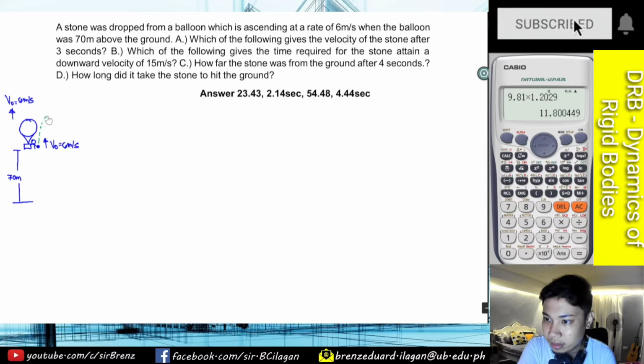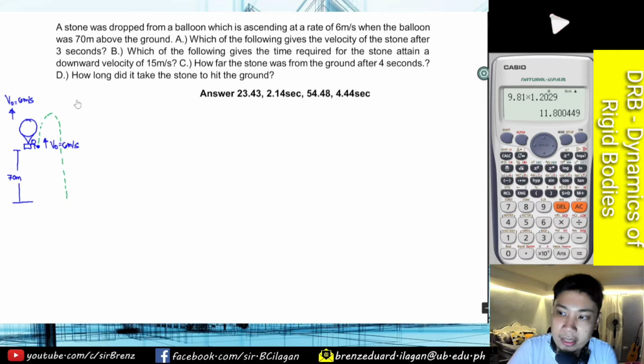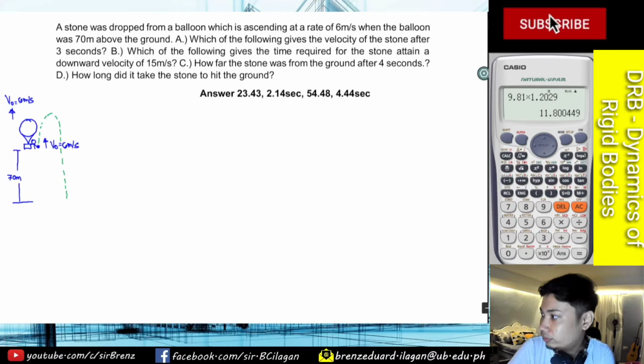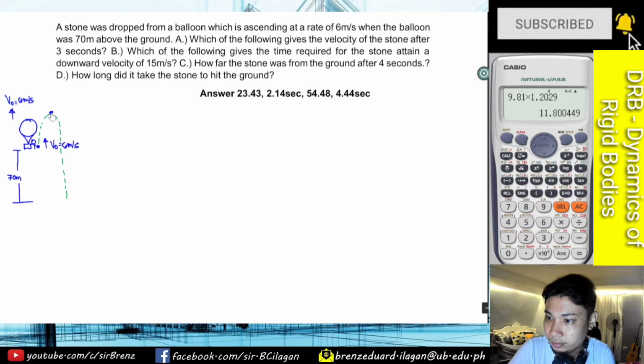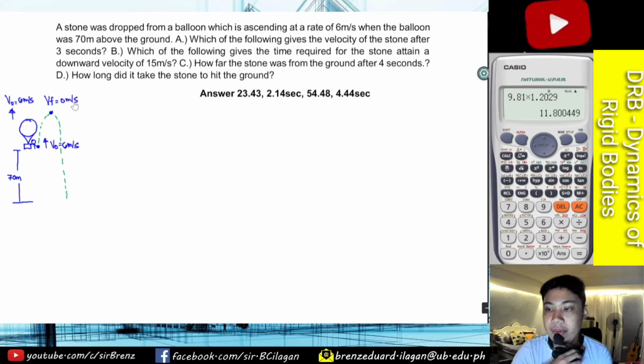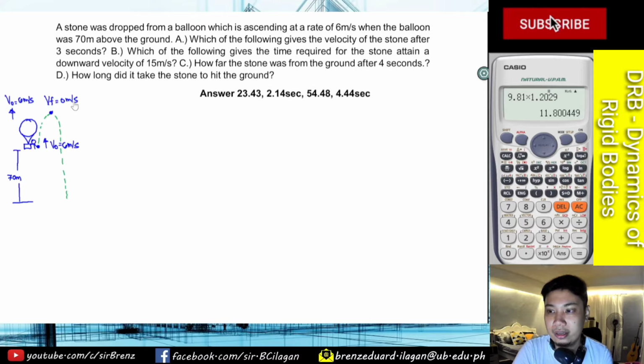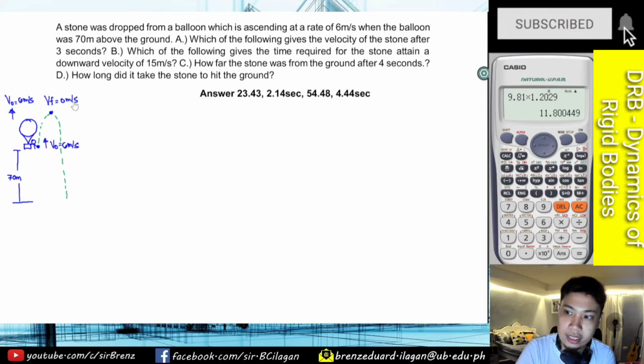Most probably like this. I'll treat it as a projectile for the sake of analysis. So let's check at the maximum height it will attain. The final velocity at maximum height is 0 meter per second. I'll determine the time required to reach maximum height, to check if it falls within 3 seconds, because I suspect the 3 seconds is somewhere here, where it's already going down.